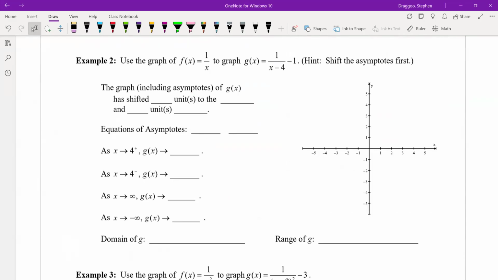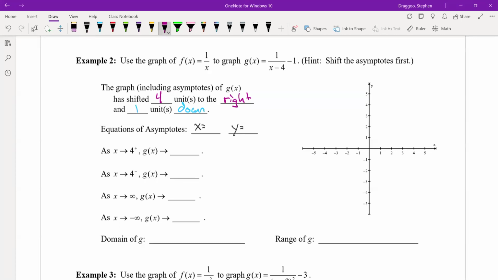So if I start from the graph of 1 over x to get the graph of 1 over x minus 4 minus 1, well, I'm just going to take my old graph and shift it 4 units to the right and 1 unit down, which means that my new asymptotes, one of them will be a vertical one, the other a horizontal one.